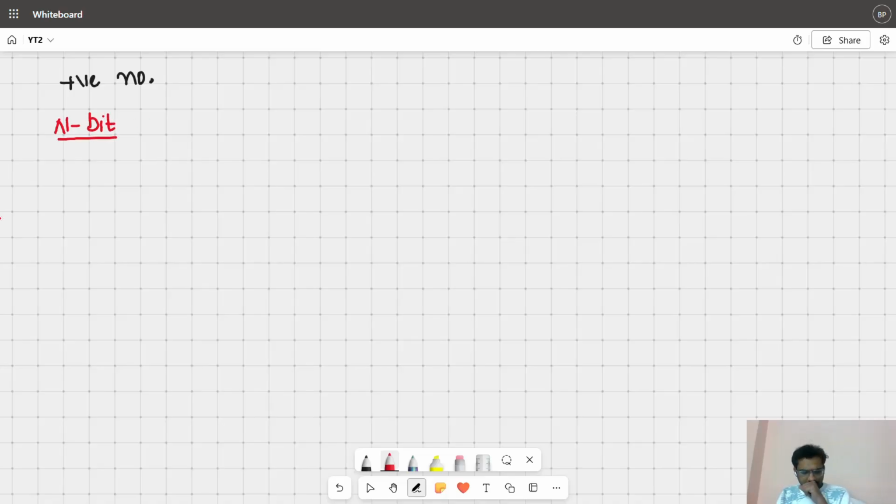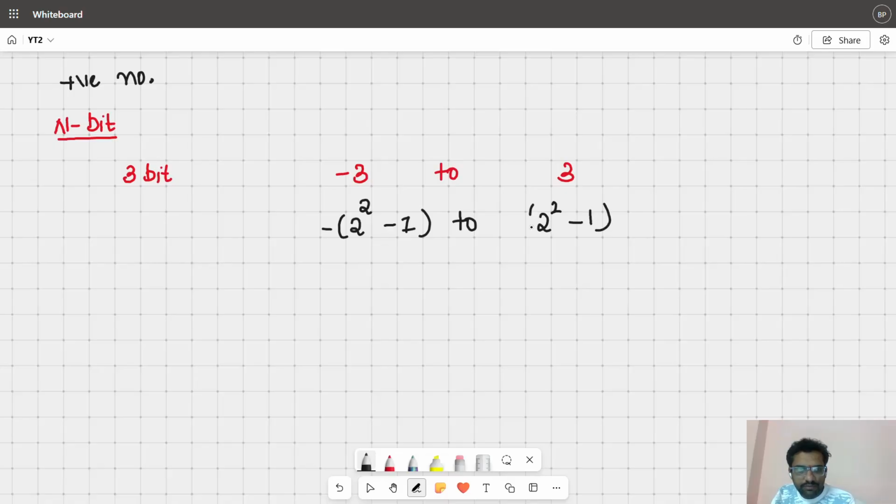In our example, we have taken 3-bit representation for which we were able to compute from -3 to +3. Is that okay? So I can write down -3 as minus (2 power 2 minus 1) to (2 power 2 minus 1).